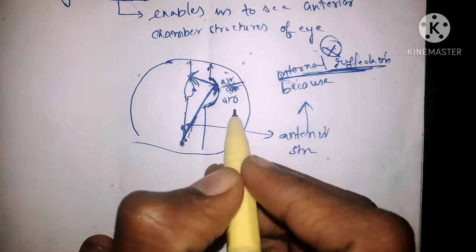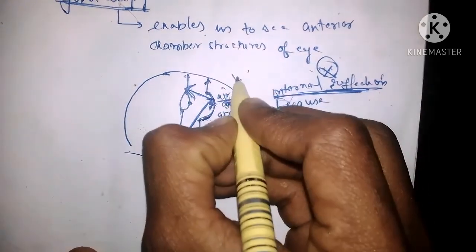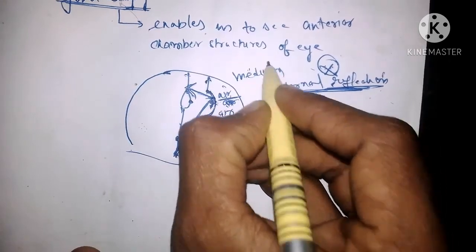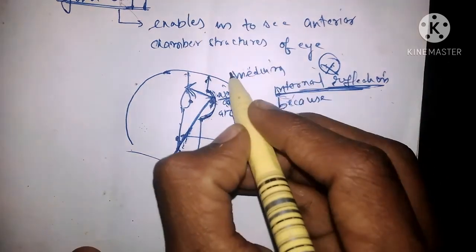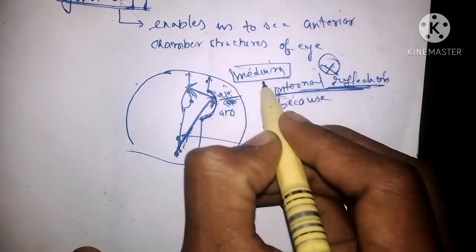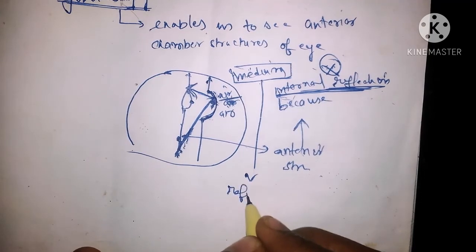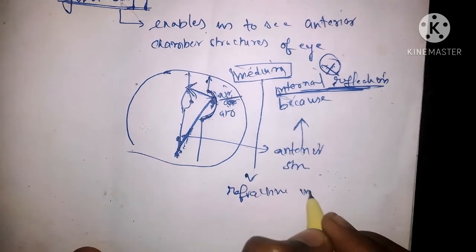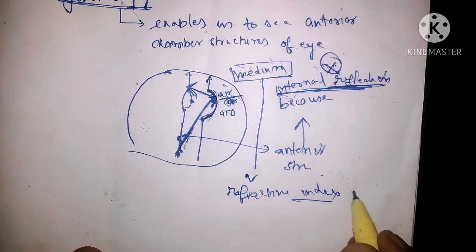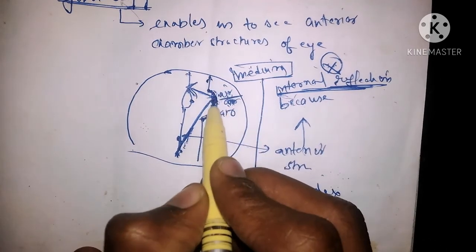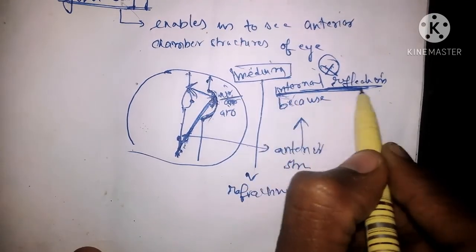This can be done by placing a medium in front of the cornea. This medium should have the same refractive index as that of cornea, so that this angle of incidence will change and ultimately internal reflection will not happen.